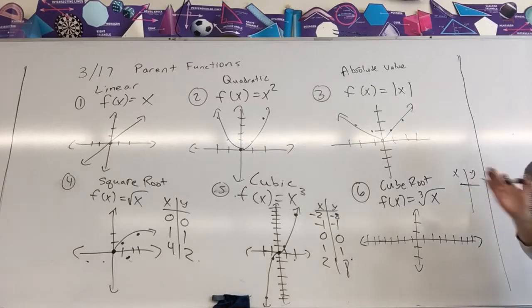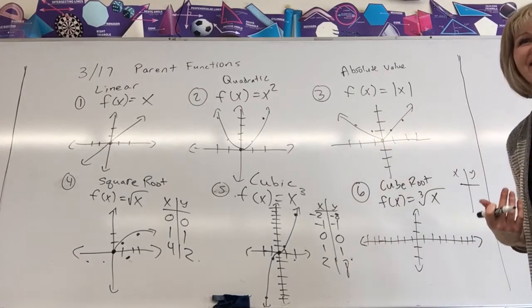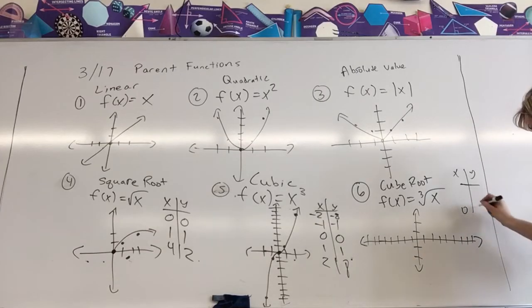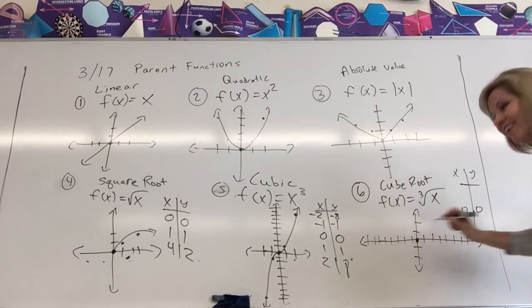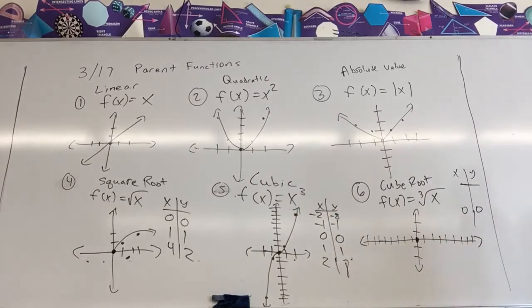All right, so where does this graph start out? Take a wild guess for me. The origin. I know, I told you like 7 times already. All right, so what are some perfect cubes? Let's do 1.